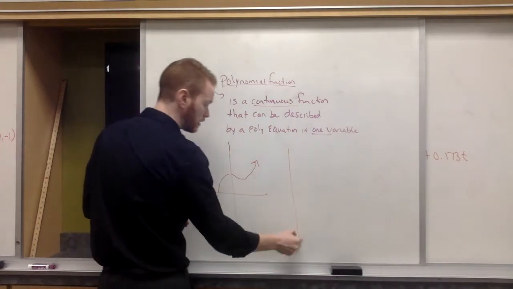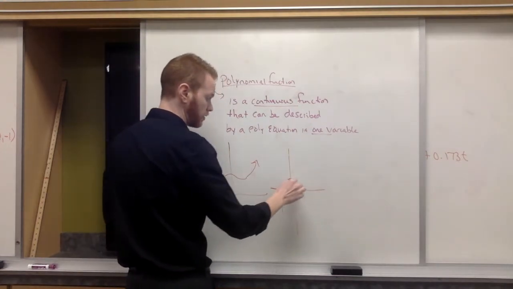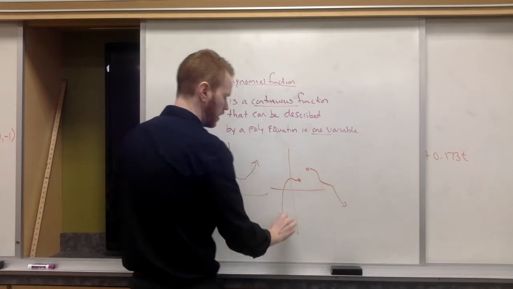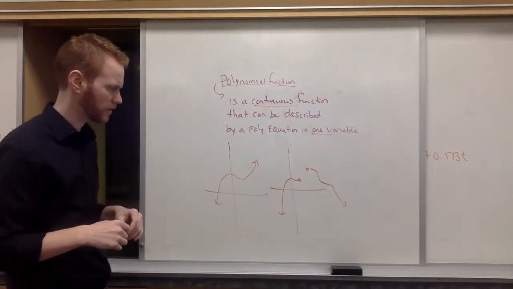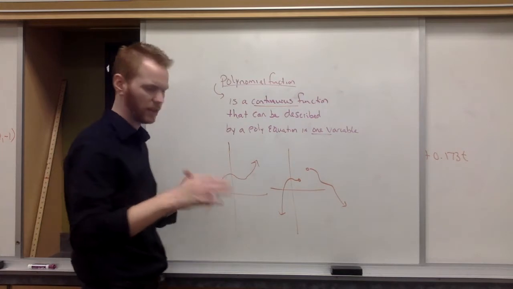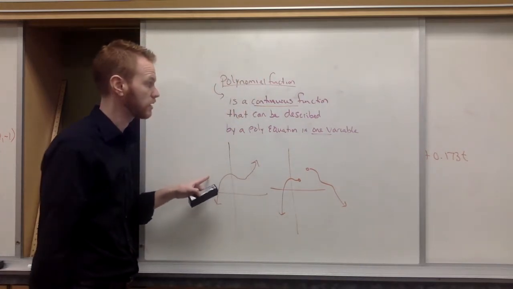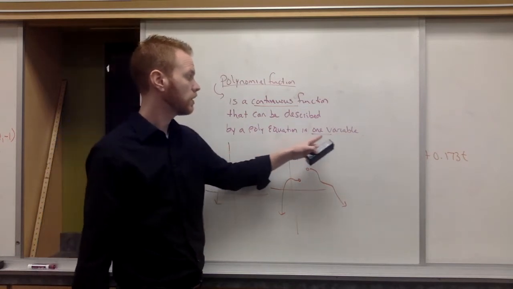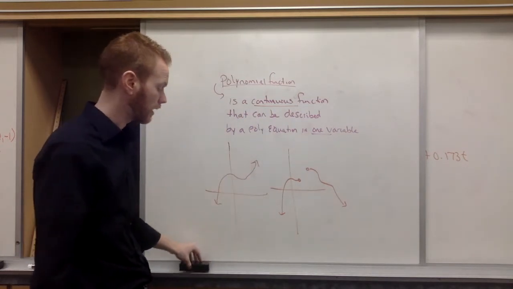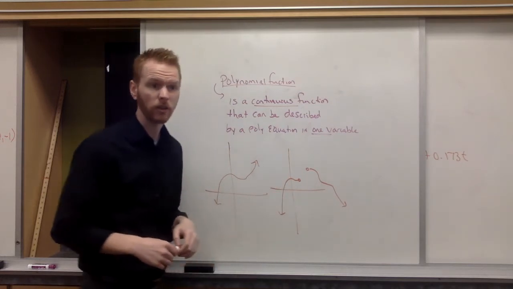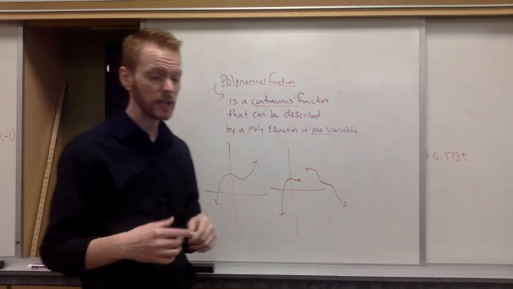I don't have a function that just, boom, kind of breaks like this. It's more like a piecewise, and you'll get into those more in the future, but for right now, we're dealing with functions that look like this. And it's a polynomial equation where there's one variable involved, okay? If you have more than one variable, you get some interesting looking graphs, but they're not necessarily functions.